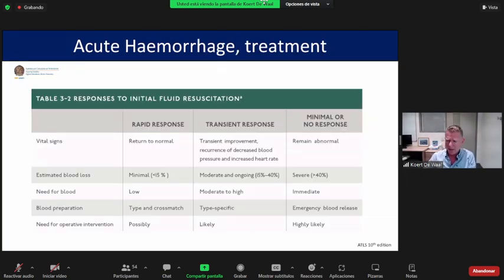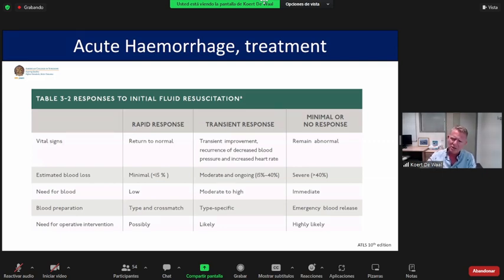And then again, this ATLS edition will give you some idea of where you are, what the response is after the initial fluid resuscitation, and what you can expect thereafter. If you have a rapid response, you'll probably do well. You probably still need some blood, but you can check it with the hemoglobins.